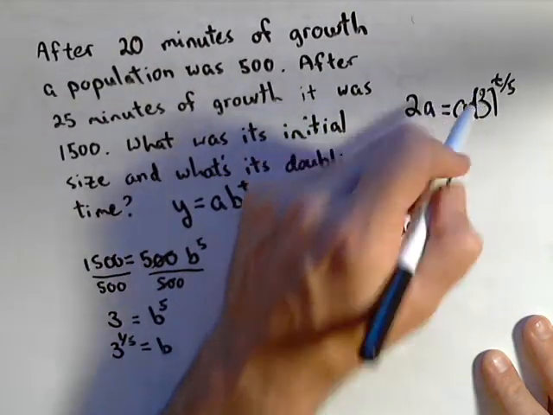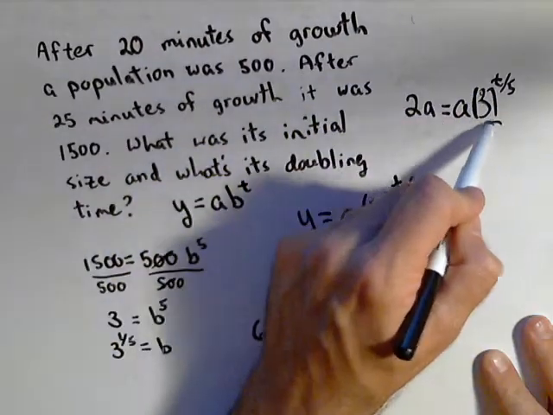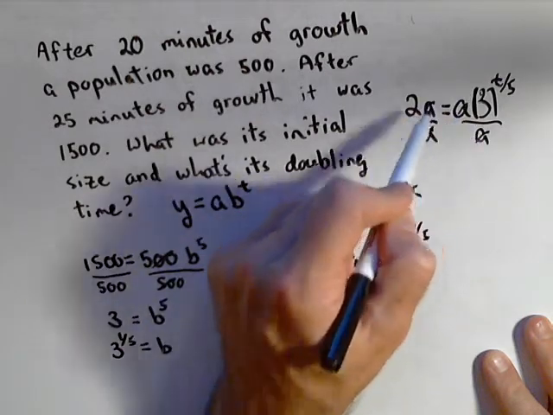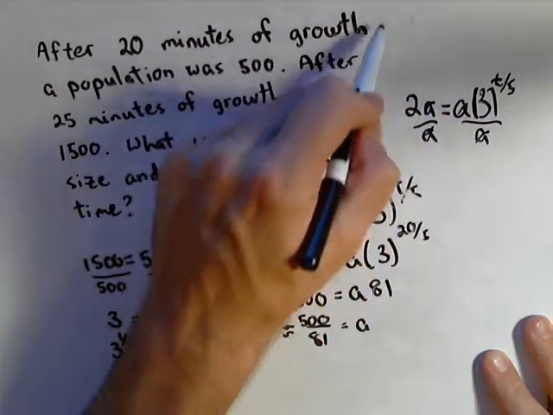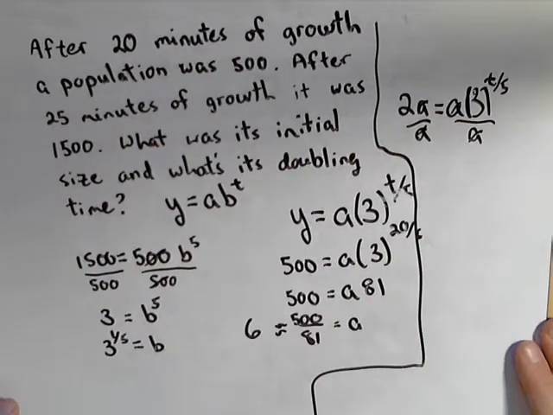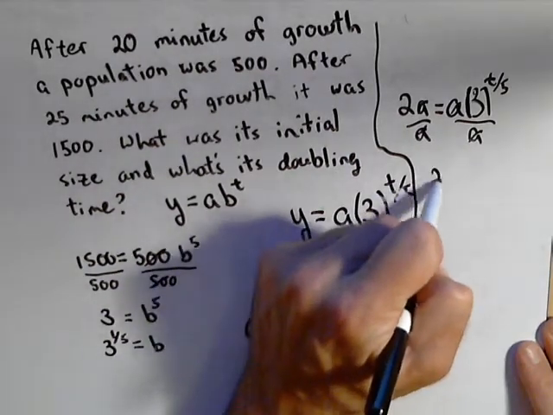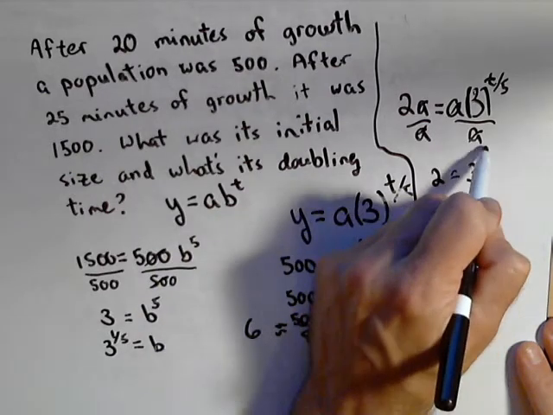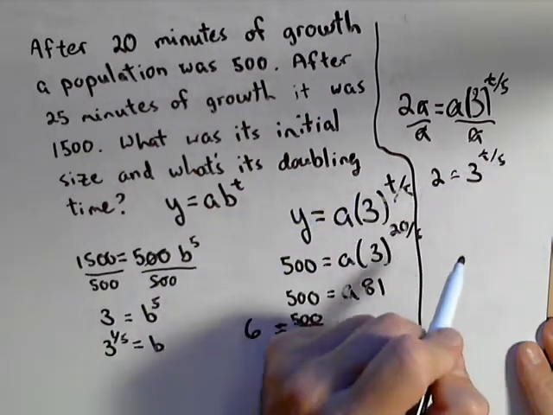Okay, put that 3 in parentheses. So we can divide both sides by a, and those cancel. And, sorry, I'm running out of room here. What I'm going to have is that 2 equals 3 to the t over 5.